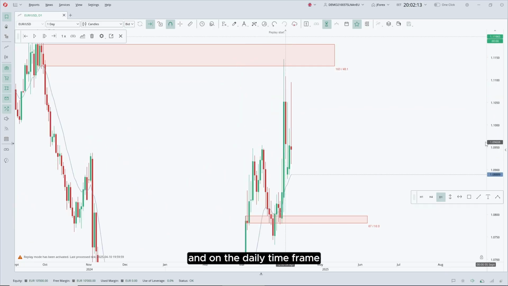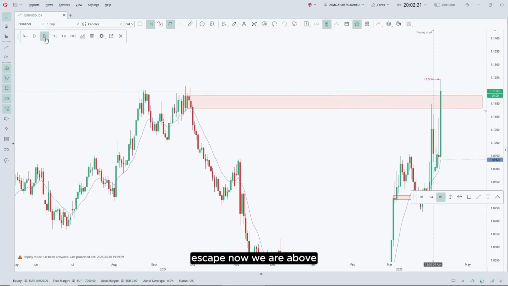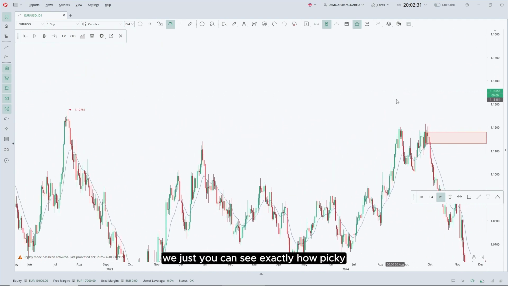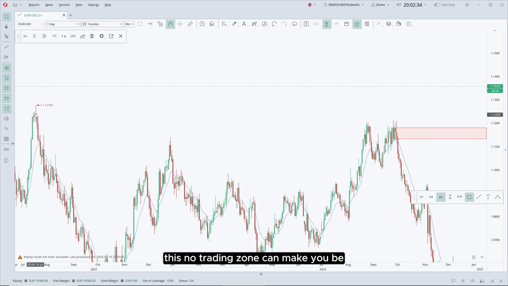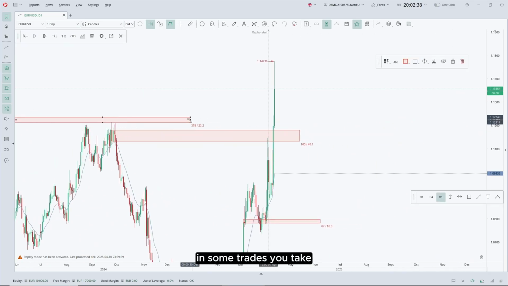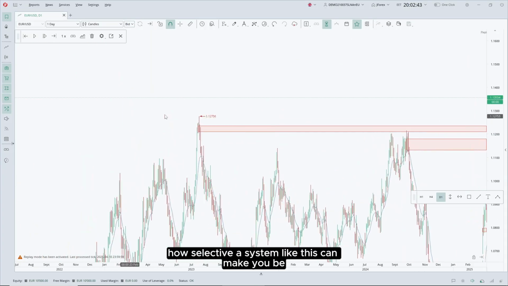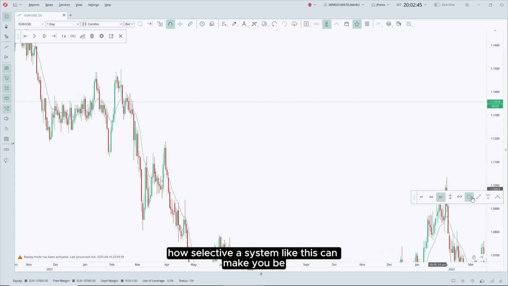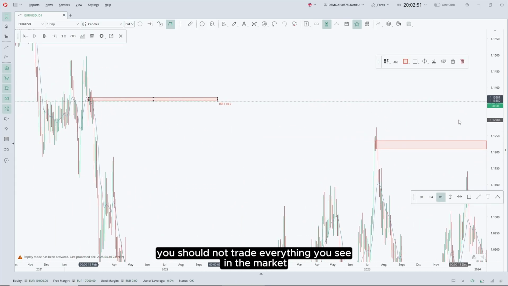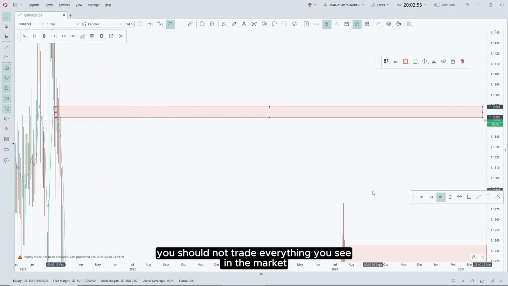And on the daily time frame, let's skip. Now we are above. Being above that, you can see exactly how picky this no trading zone can make you be in some trades you take, exactly how selective a system like this can make you be in some positions you take, because indeed, as a trader, you should not trade everything you see in the market.